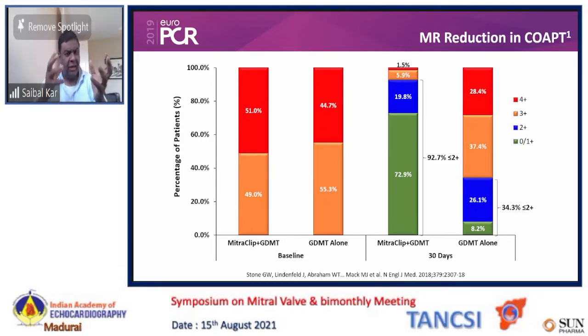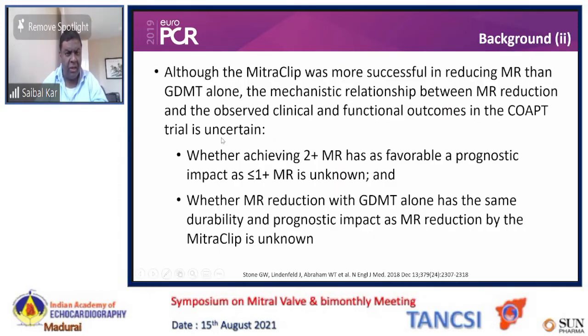So we wanted to see what was the outcome of these two groups of patients. What we know is that although the MitraClip was more successful in reducing MR than GDMT, the mechanistic relationship between MR reduction and the observed clinical and functional outcomes is uncertain.